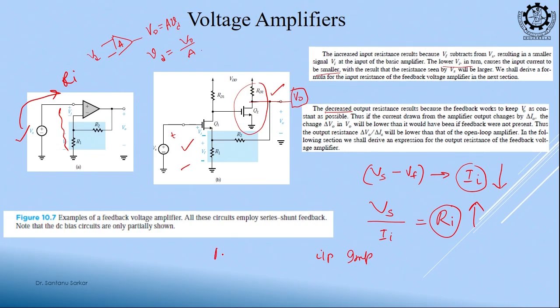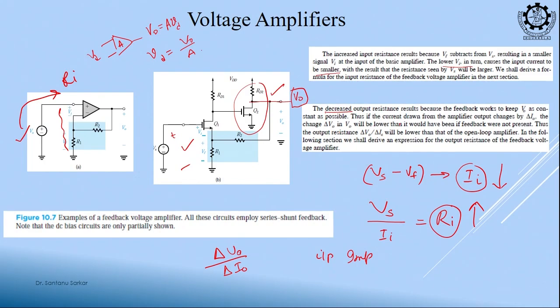Okay. So, what is our output impedance? Delta V0 by delta I0. See this open loop amplifier and this closed loop amplifier, what is happening?